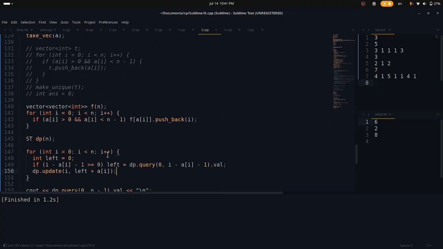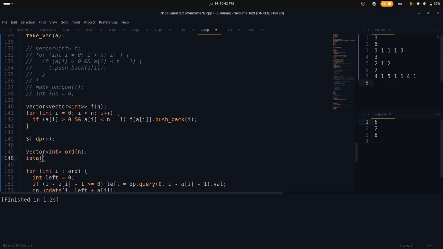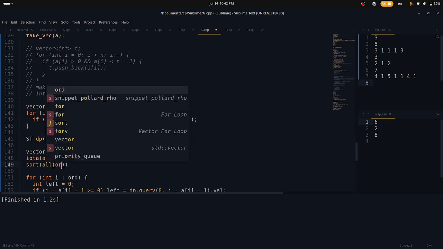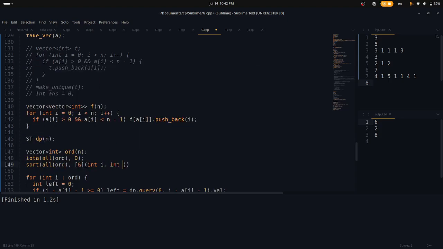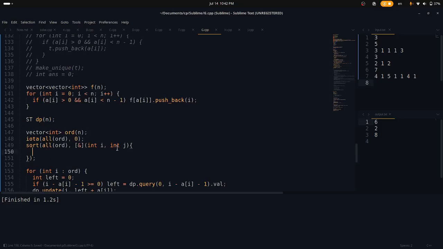Let's go through the order. Okay, we'll basically do this in order from minimum to max.